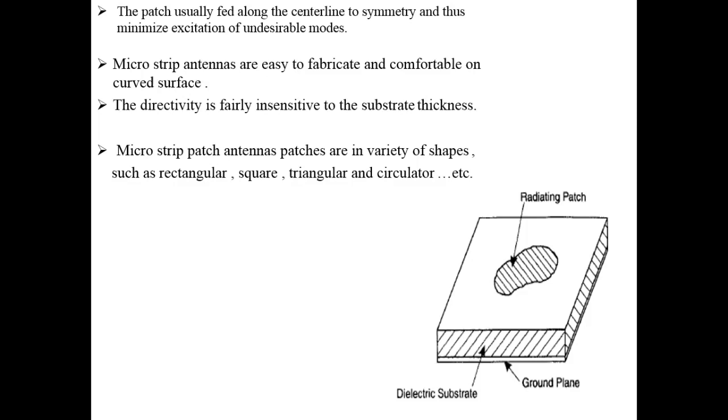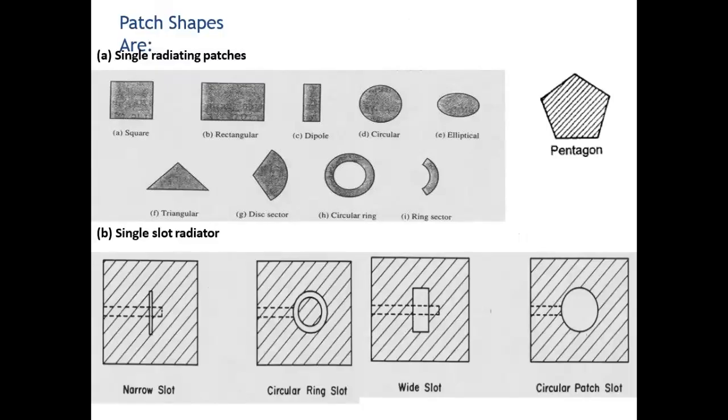In this diagram, the radiating patch, a dielectric substrate, and a ground plane. Here, different shapes of patch antennas are shown. For A, single radiating patches: first one square, rectangular, dipole, circular, elliptical, triangular, disc sector, circular ring, ring sector. Next one, pentagon. B, single slot radiator: narrow slot, circular ring slot, wide slot, circular patch slot.